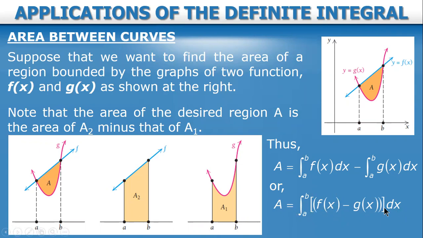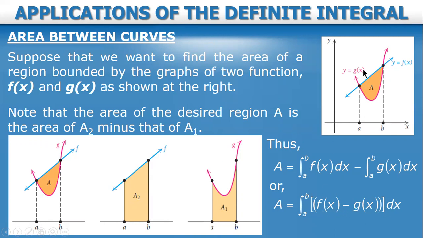Since our basis here is a vertical rectangle, as discussed in the Riemann summation, since we are considering vertical rectangles, this one is the height of the rectangle. So it's the upper graph minus the lower graph.